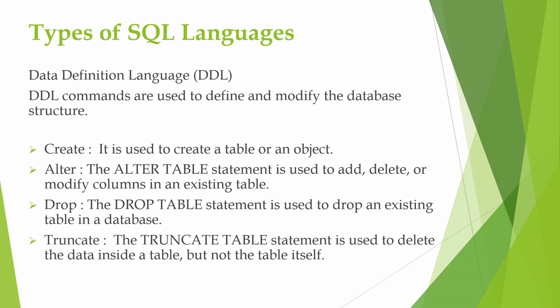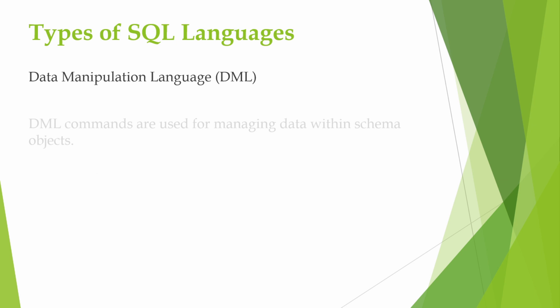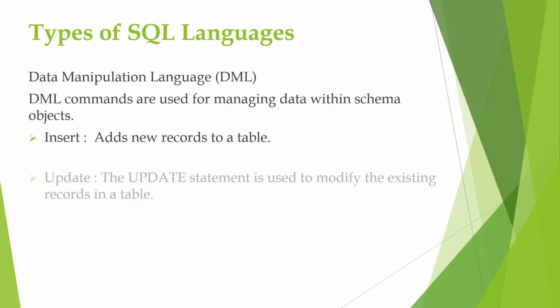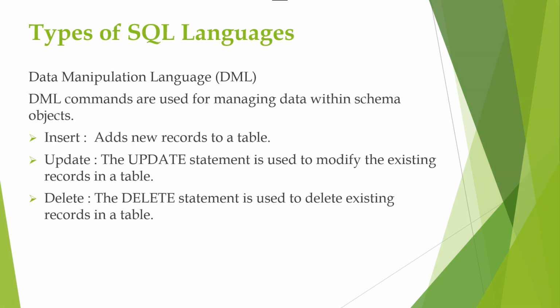Next type is data manipulation language. As the name suggests, data manipulation language is used to manipulate the database. In this we have the commands like insert, update, delete. The insert command is used to insert or add new records into the table.